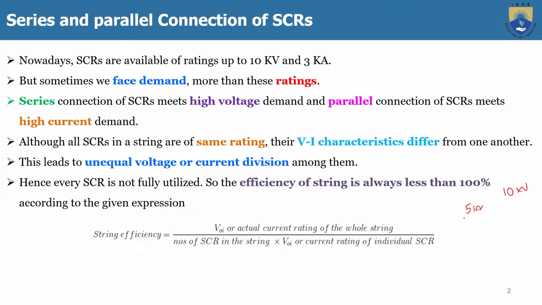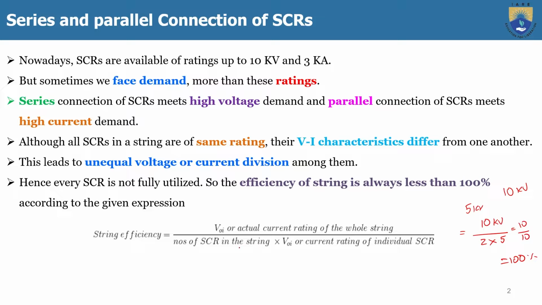If the voltage sharing across each SCR is 5 kV, then you get 100% string efficiency, because the actual voltage rating of the whole string is 10 kV, the number of SCRs in the string is 2, and the voltage rating of an individual SCR is 5. So 10 by 10, multiplied by 100, gives 100% string efficiency.